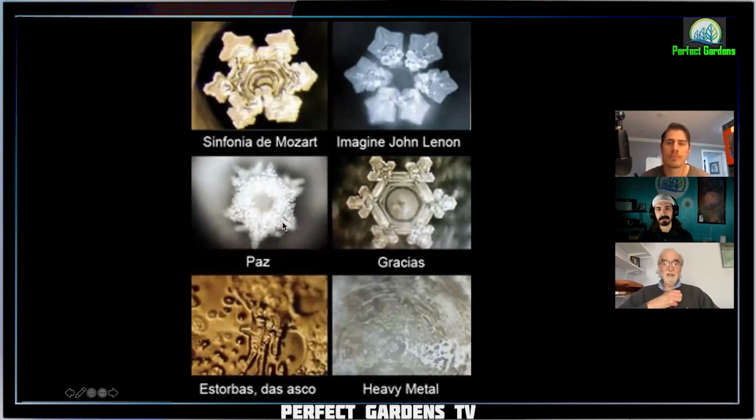When he focused his intention on the water, thinking about peace, thinking about thank you, he also got beautiful crystals. But if he, I'm sorry, I don't know the translation. Somebody told me it's something like "you fool," but it's a negative emotion. Then this is what he got. And if he played heavy metal music, this is what he got.